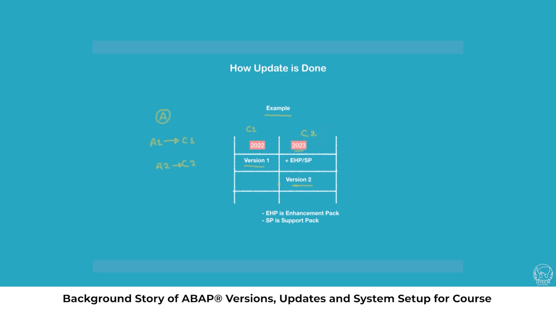Now, if the C1 also wants the new functionality which was released in 2023 with version 2, then SAP does provide the functionalities in terms of enhancement packs and support packs.